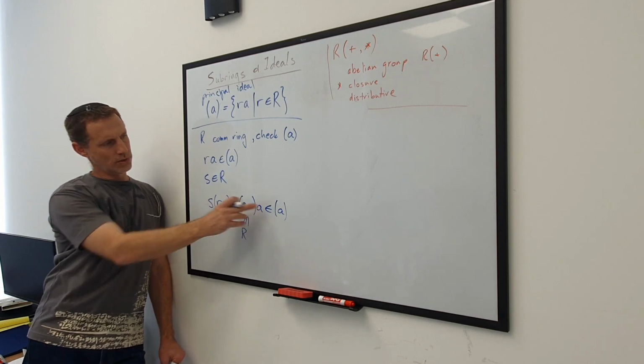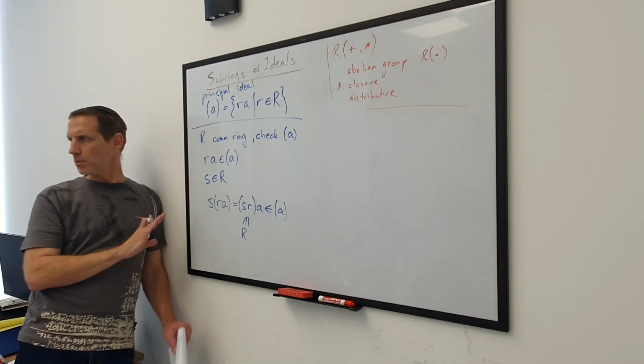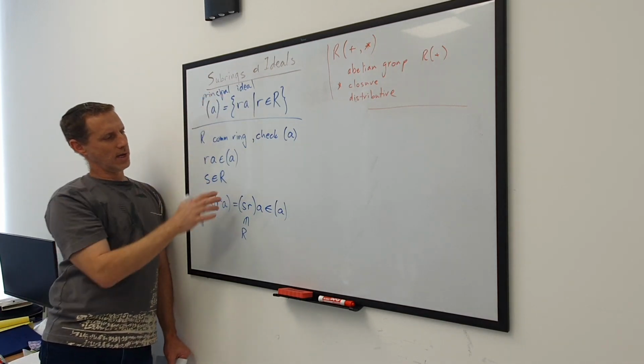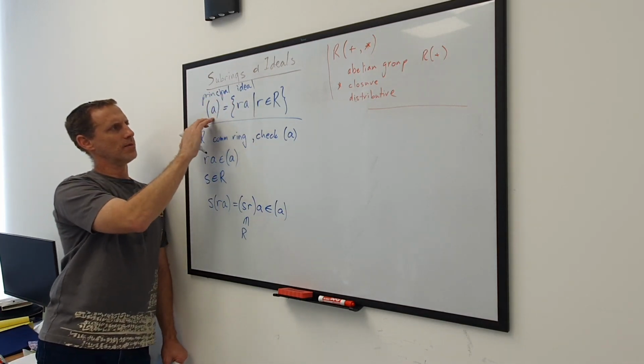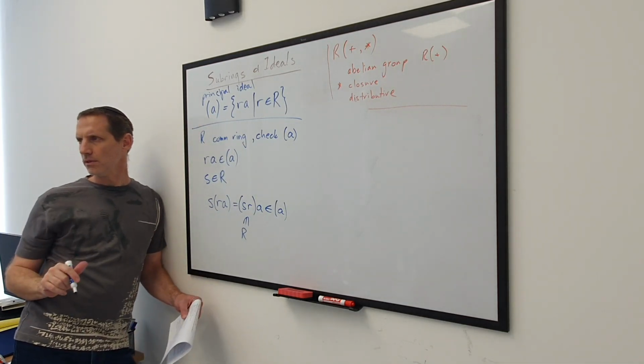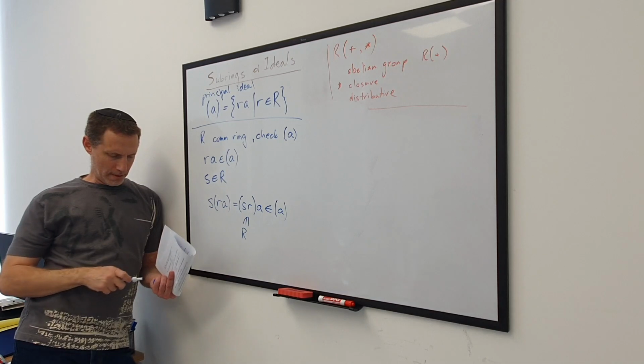Right. So this shows us that we've got closure for multiplication that makes it an ideal, and so the ideal comes from this, and the principal comes from the fact that we can generate it with one generator. That's it. All right.